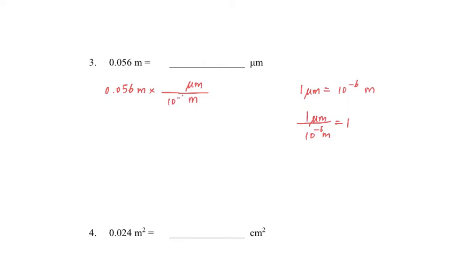By making use of the product times 1, the result will be like this. By using calculator, the answer should be 56,000 millimeter.